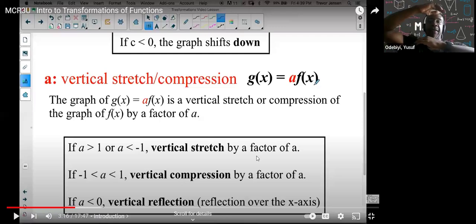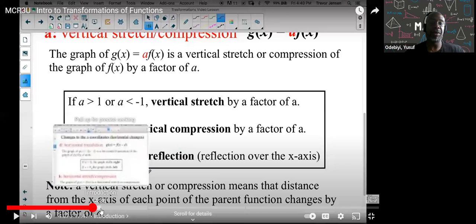And if A is a decimal between -1 and 1, it's also going to compress it. And if A is just a negative, then it flips it upside down, reflecting it over the x-axis. So we can fast forward that.